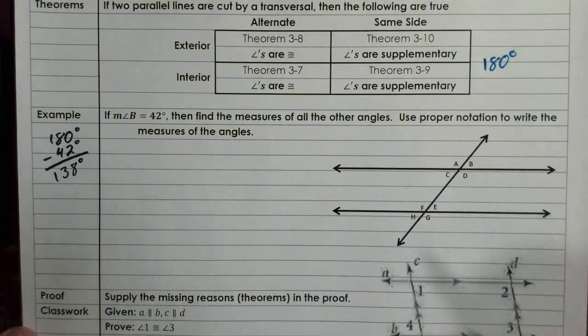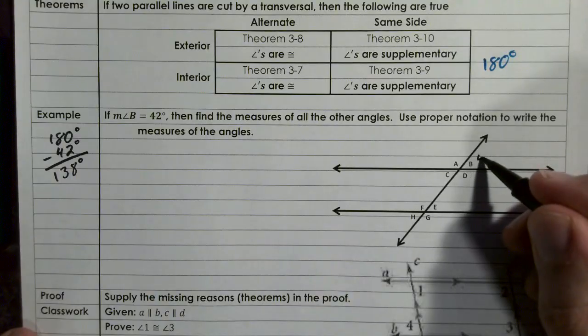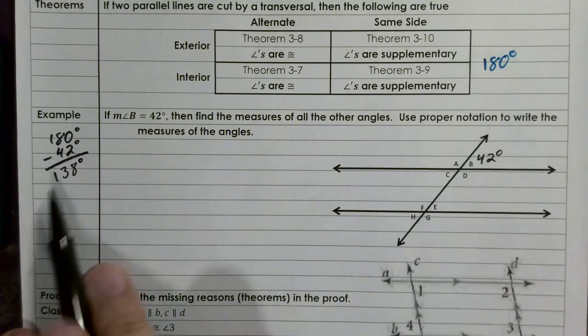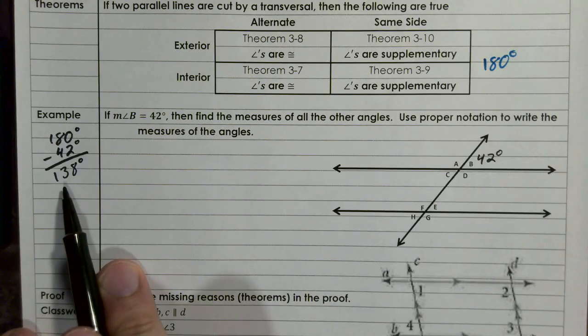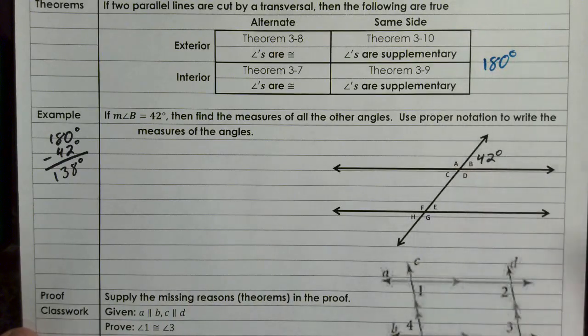So let's play around with this. If we know the measure of angle B is 42 degrees, then we know this is 42 right here. And I did a quick solve to figure out what supplementary to that was. It's 138 degrees because I'm going to need that for this supplementary stuff right here.